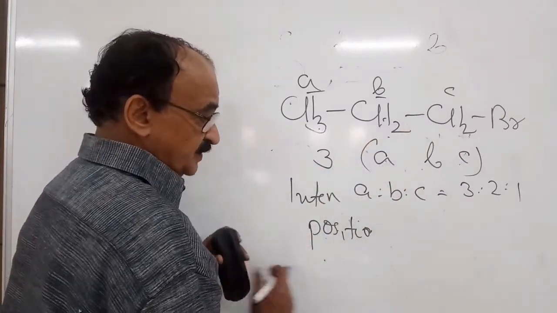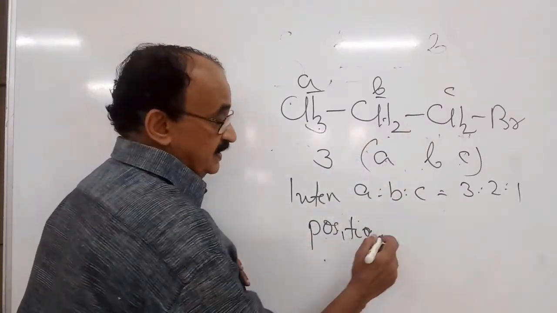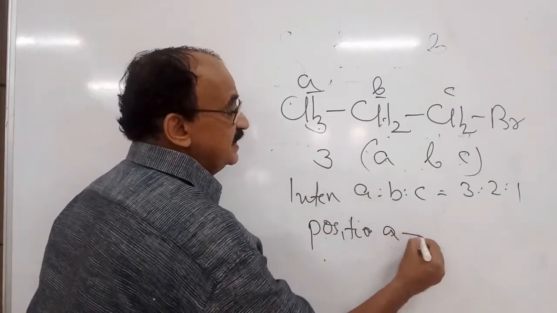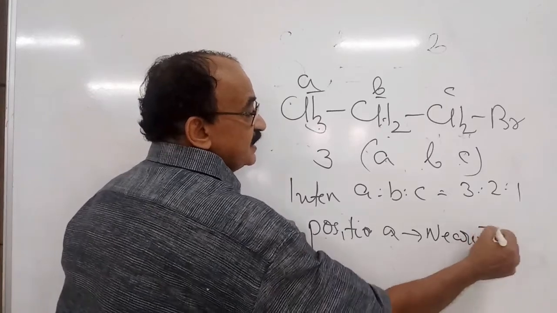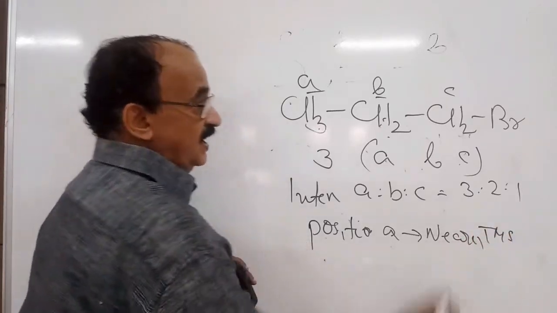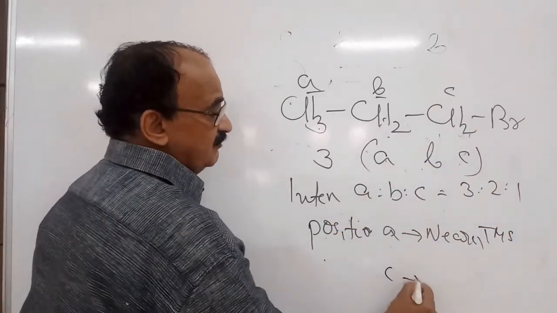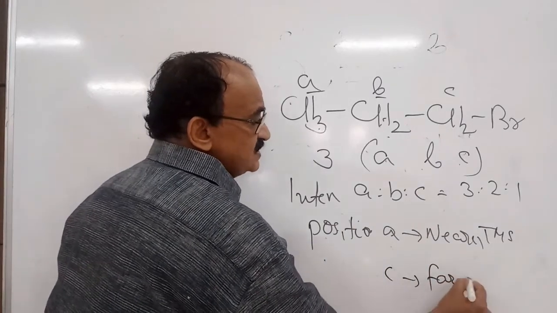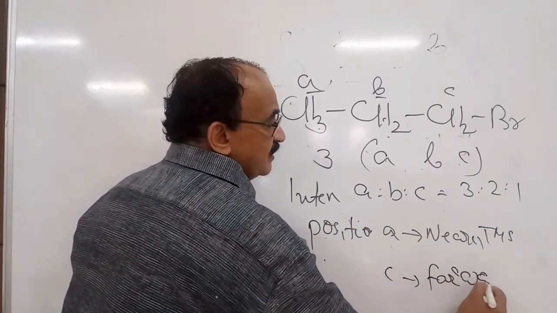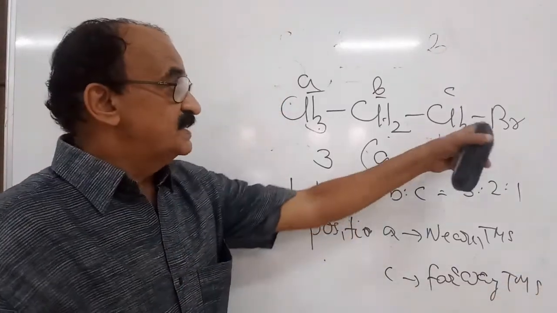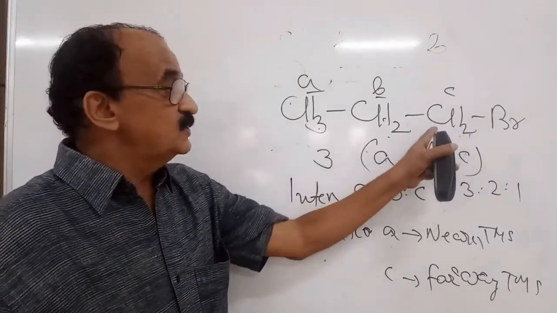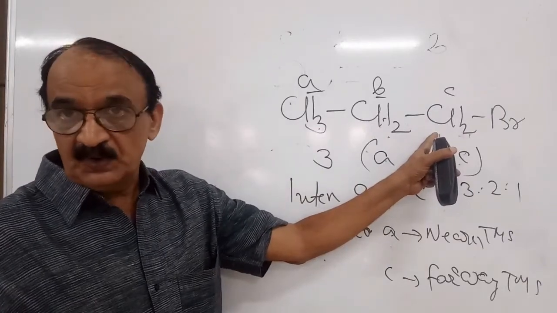Therefore, you are getting the position of the signal. The A set will be seen nearer to the TMS, and C will be seen far away from TMS. Am I right? Why is it far away from TMS? Because there is an electronegative bromine nearer to the C protons or C set of protons.